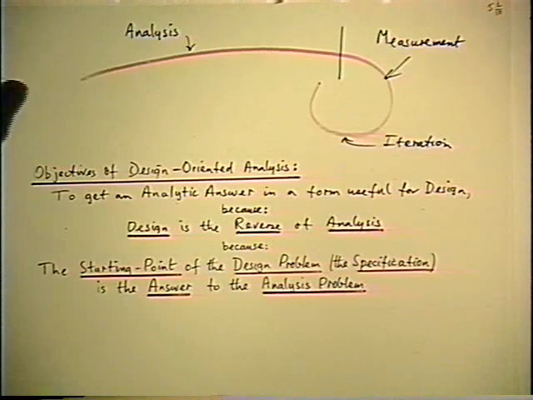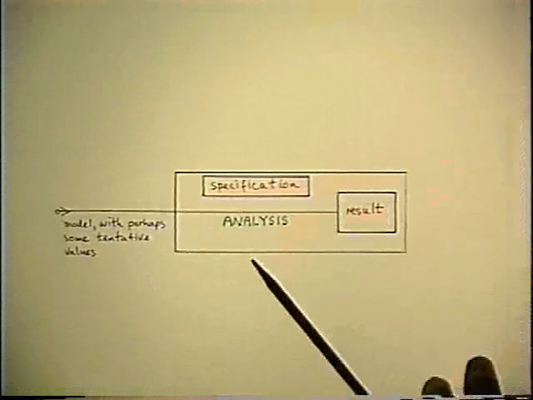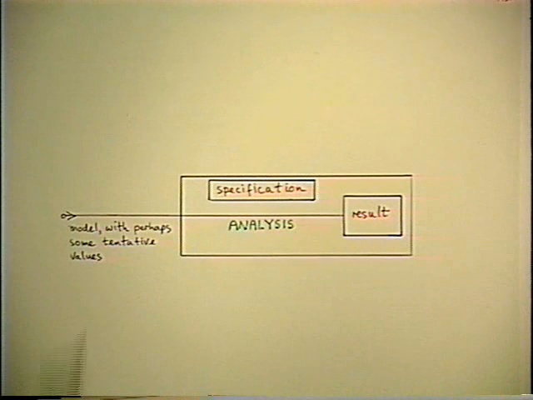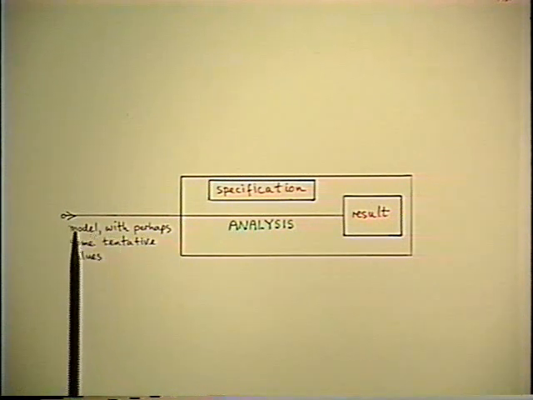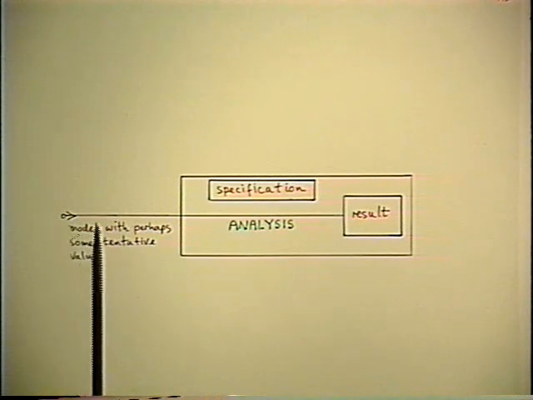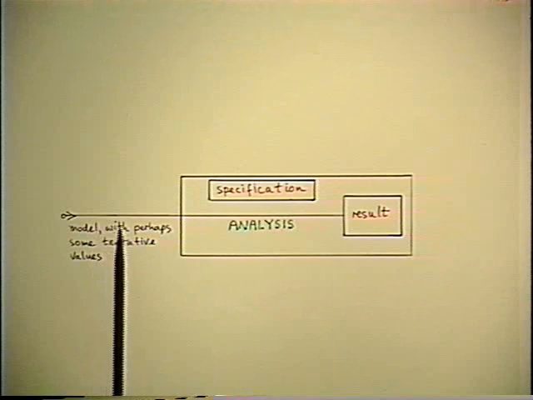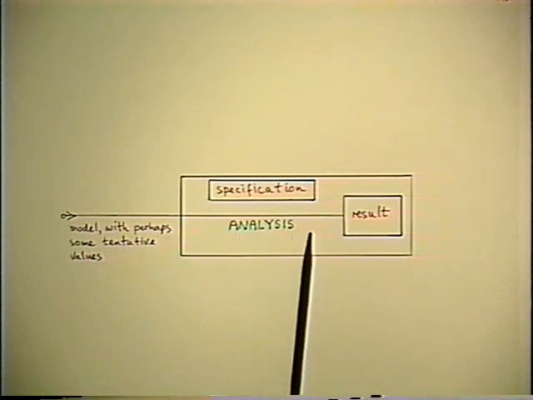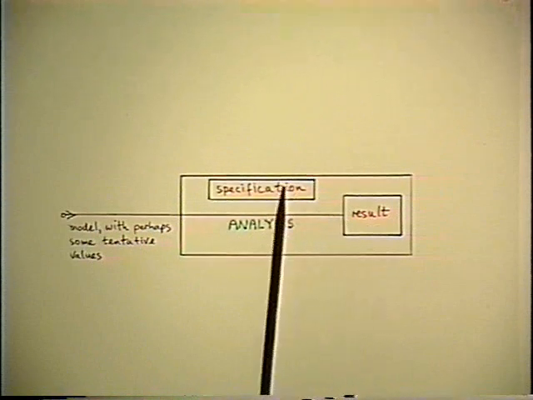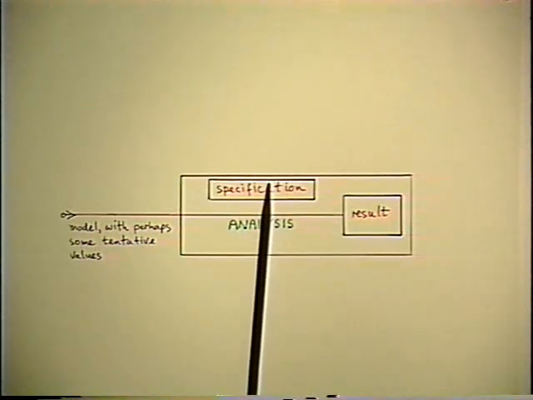That means you need to do the analysis in a certain way. Now, because engineers always like to deal with diagrams, especially block diagrams, I've made one to illustrate that particular point. This is a typical progression through one of these iteration cycles. You start with the model, perhaps with a few tentative values or guesses, and you do your analysis, and you find a result. Then you compare that result with the specification.